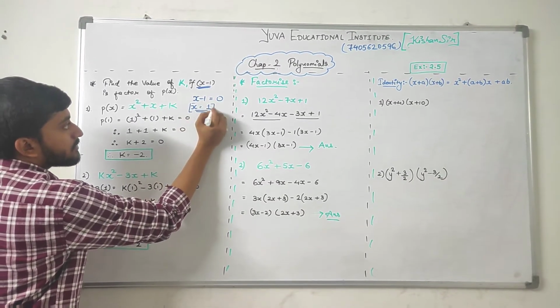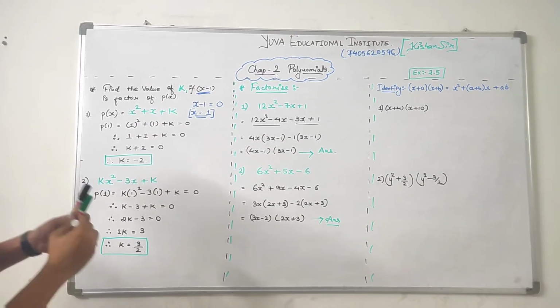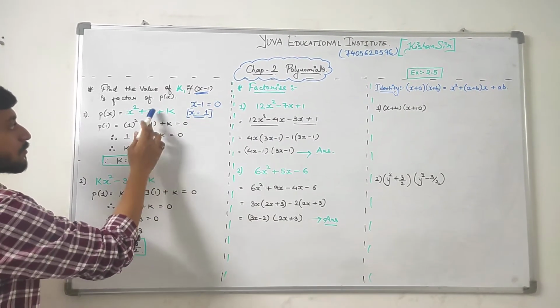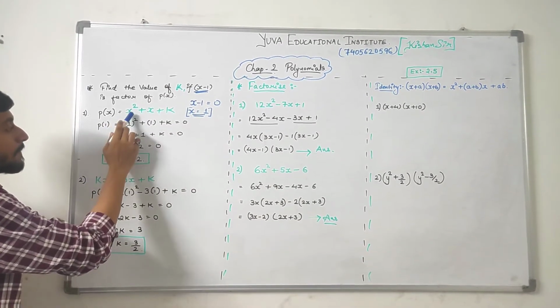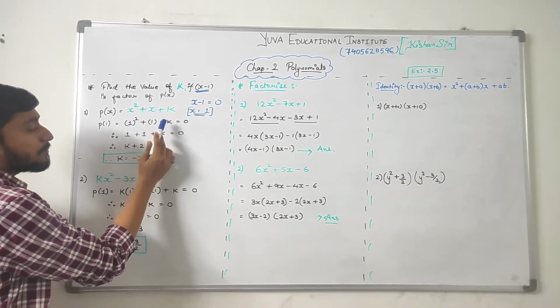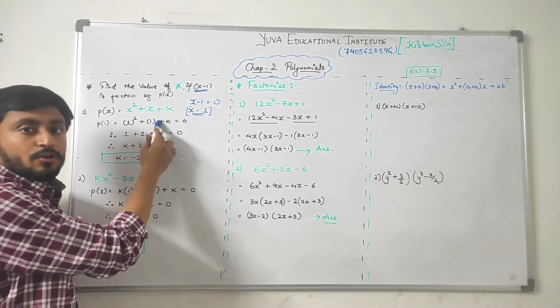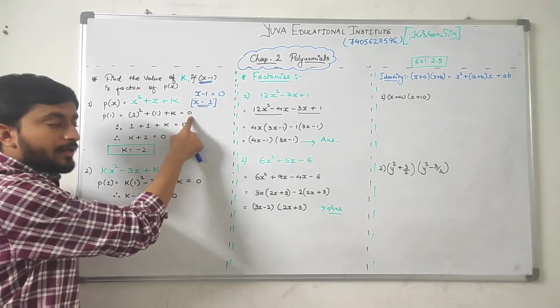You have to put x is equal to 1 in the given polynomial. Now see, p of 1, x squared, that is 1 square plus 1 plus the unknown value of k is equal to 0 you have to take, right?